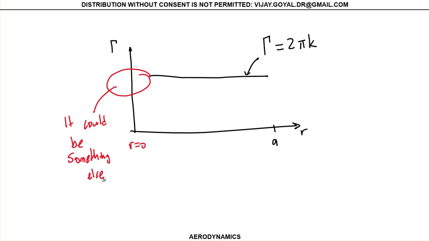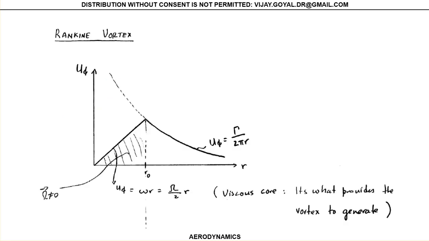Okay, so for this, we have several things that we can possibly do. We have what we call the Rankine vortex method. In the Rankine vortex method, your phi was actually equal to omega over 2r, right?